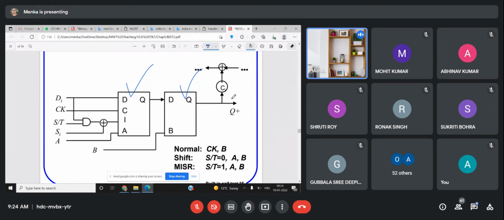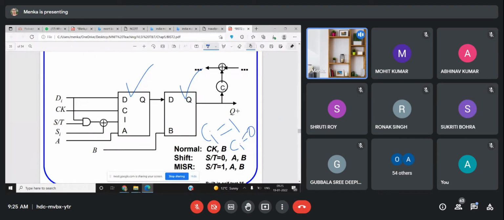So this is your CI. CI is nothing but the coefficient which we have discussed in internal and external LFSR. This CI will depend on the number of bits. It can be 0 or 1. If the connection is there, we'll call CI 1 corresponding to that. Otherwise, CI is equal to 0. If the connection is not there, CI is equal to 0. So it has to be like that.